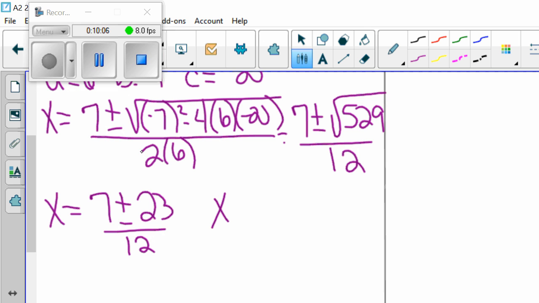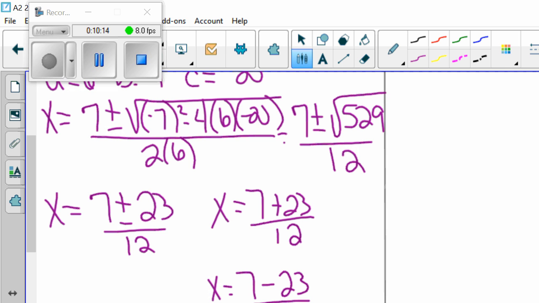Okay, so I have one answer. It's going to be 7 plus 23, and then I'm going to divide by 12. My other one is going to be 7 minus 23 divided by 12. Okay, so if I do 7 plus 23, I get 30 divided by 12. It's not a nice whole number, but I can simplify that. They both have a 6 in common. So 6 goes into 30 5 times. 6 goes into 12 twice.